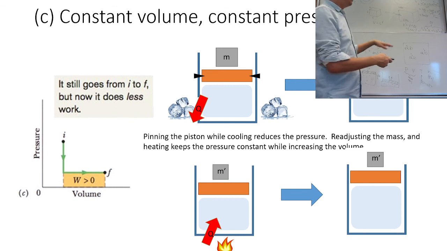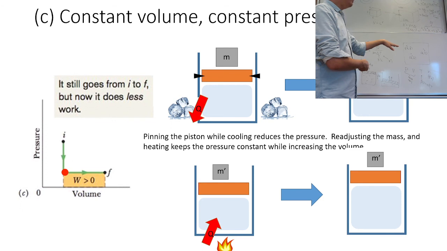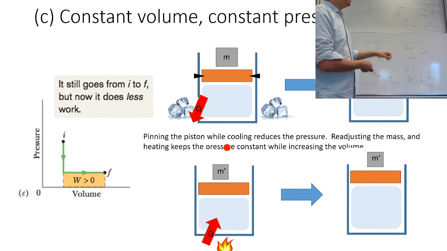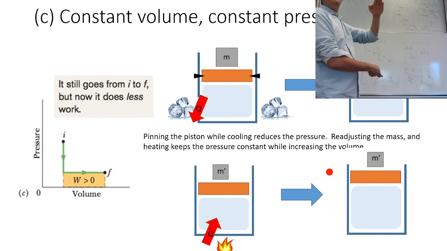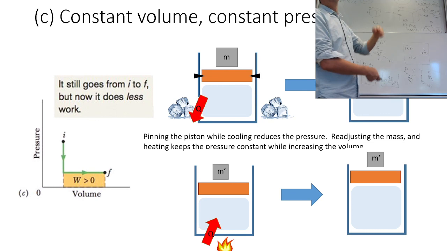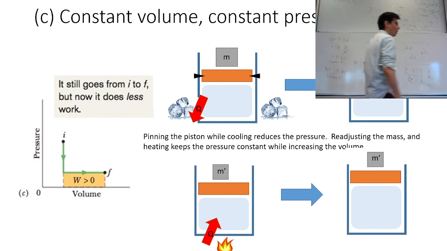And what I want to achieve here is, at the end of here, I want to go straight across here with the same constant pressure. So basically I need to adjust this mass so that, at least at this initial point, it will be the same height as where I left it. Yeah. Okay.